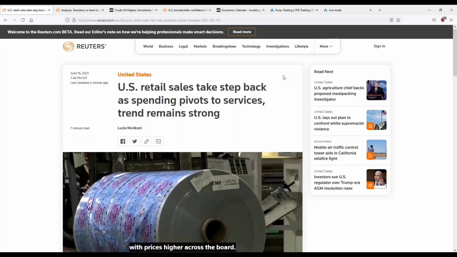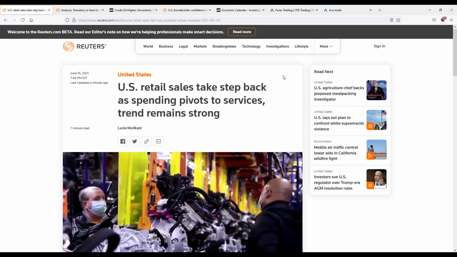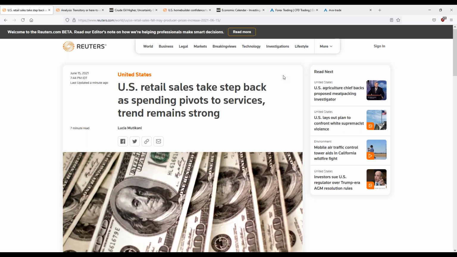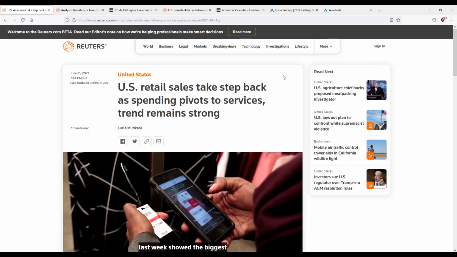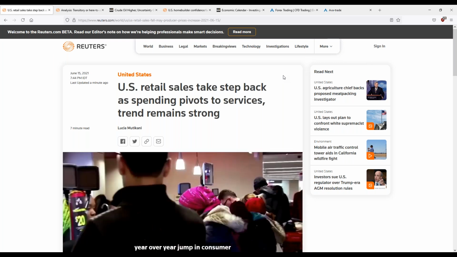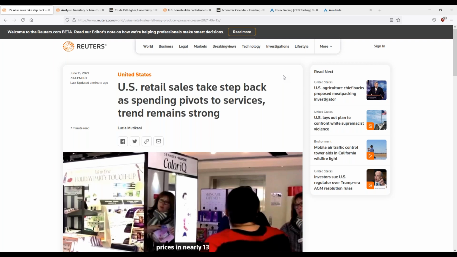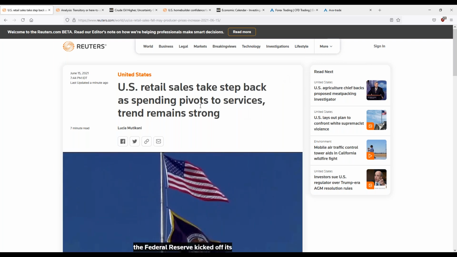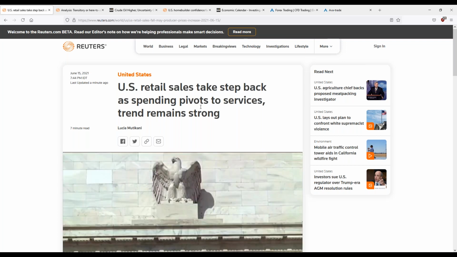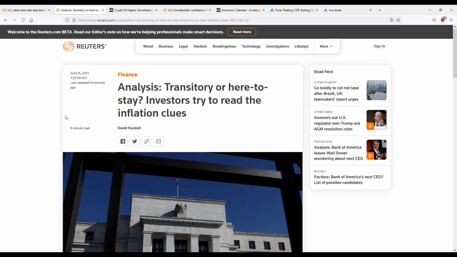So people are spending more on services, maybe things that they need, and less on retail, maybe pulling back on things that they don't have to spend money on. But they're saying the trend remains strong. Okay, so little mixed news there.